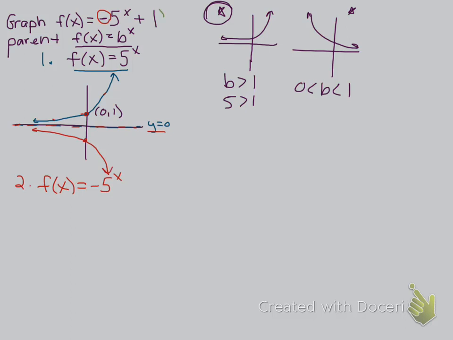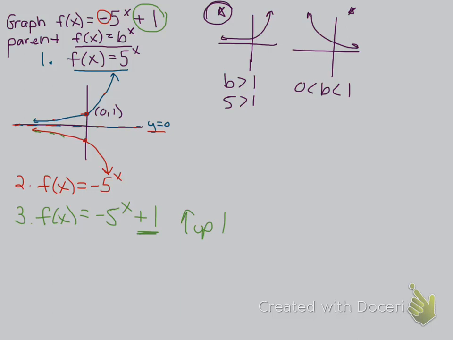Okay, and then the last transformation comes with that plus 1 that's off the end. So lastly, we're going to graph the entire thing, focusing on moving up 1. So we're going to start with the red, and we're going to move that up 1.